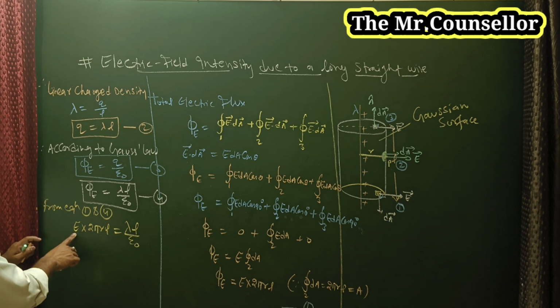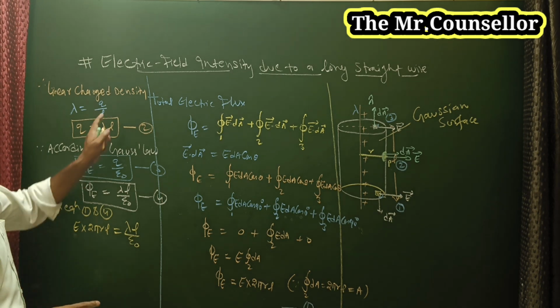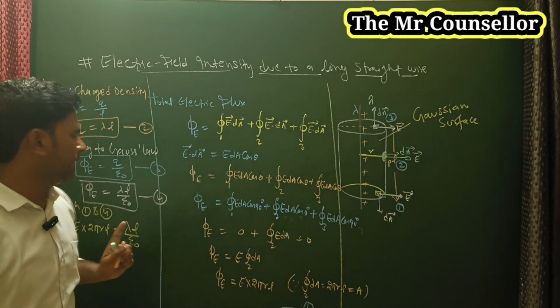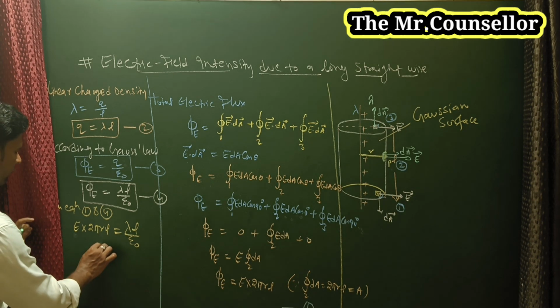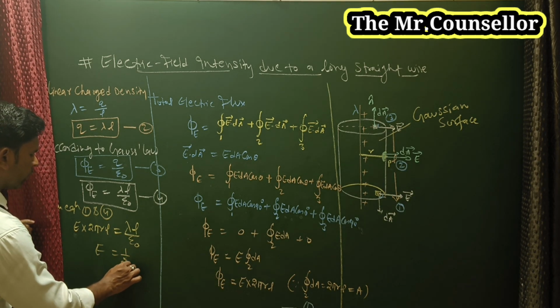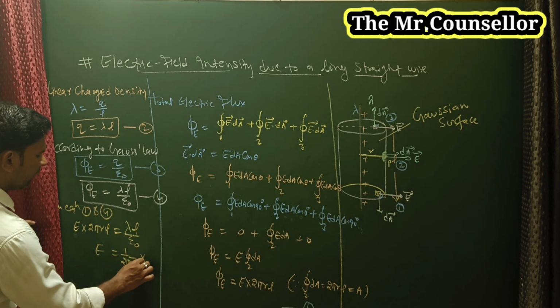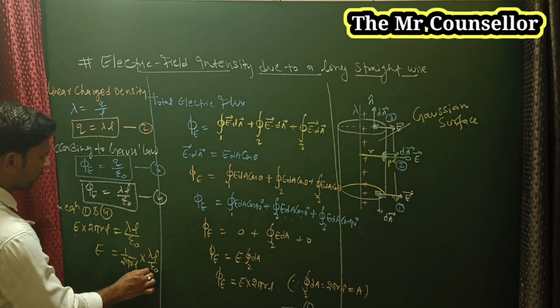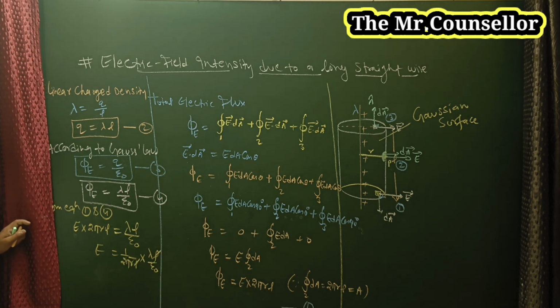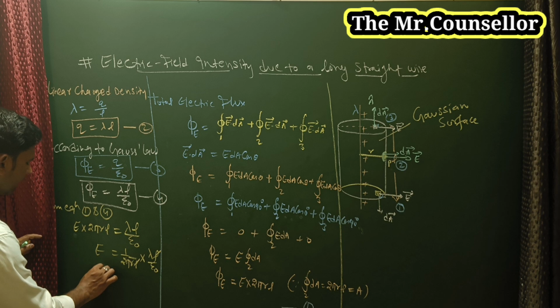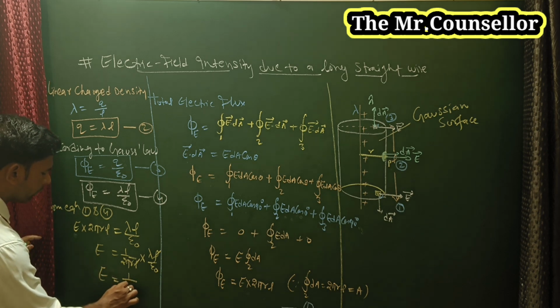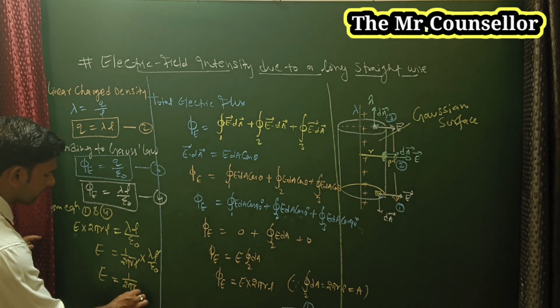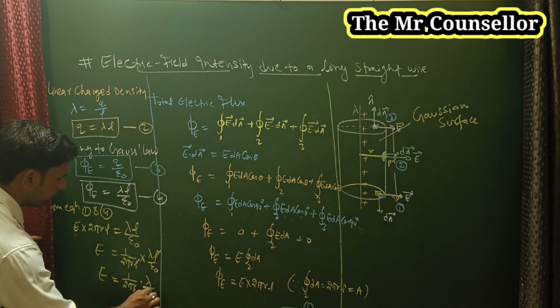We need to find the electric field intensity E. So E is equal to 1 upon 2 pi r L into lambda L upon epsilon naught. L will cancel. So E is equal to 1 upon 2 pi epsilon naught into lambda over r.